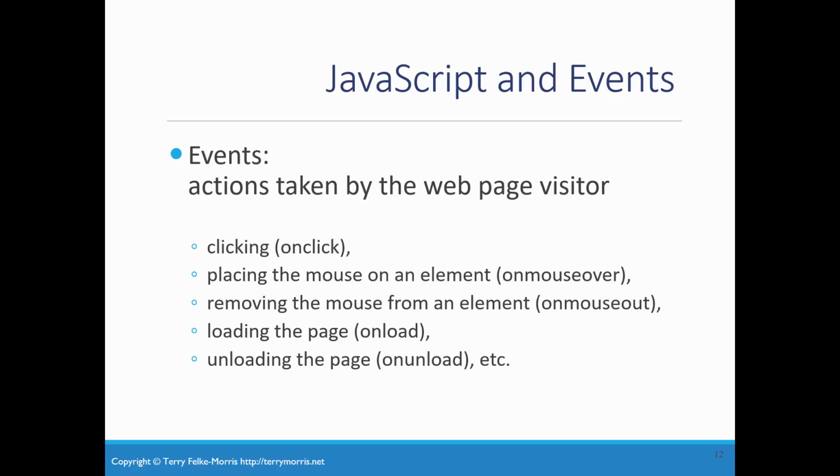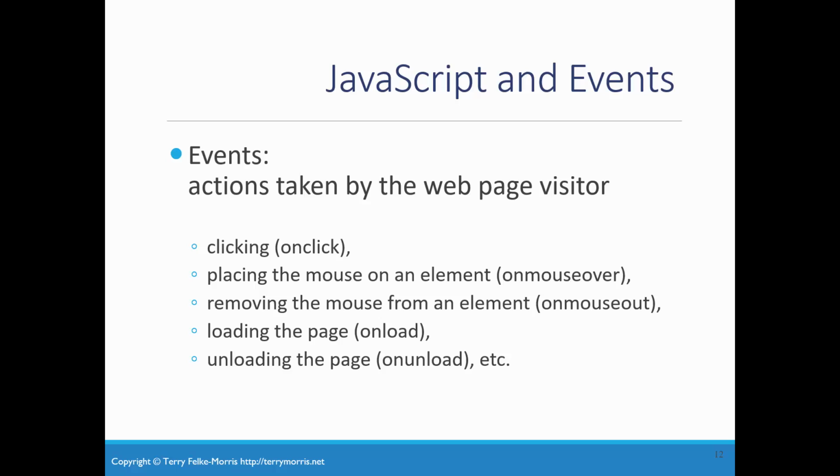Now, this language that we're going to be working with is also referred to as an event-driven language. You can look at an event-driven language as basically the program sitting there waiting for you to do something. When you do something, if you've associated some code with it, the program will react.